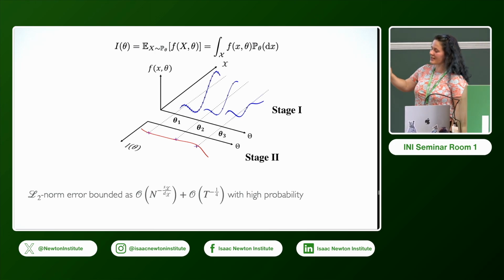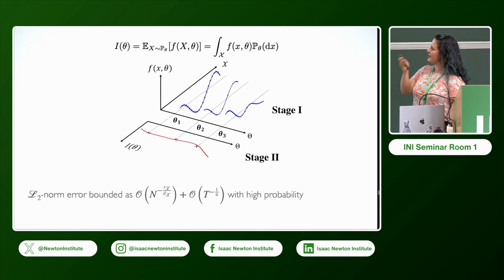I apologize for that, but it is the same thing as in the previous slide, just slightly changed terminology. Smoothness of the function f in the x parameter divided by the dimensionality of the x space, plus a bound in the number of theta points to the power -1/4.